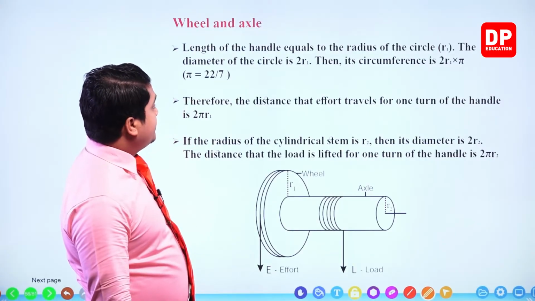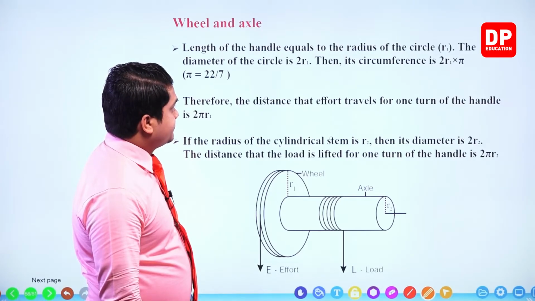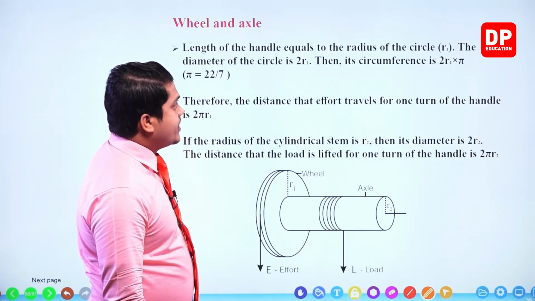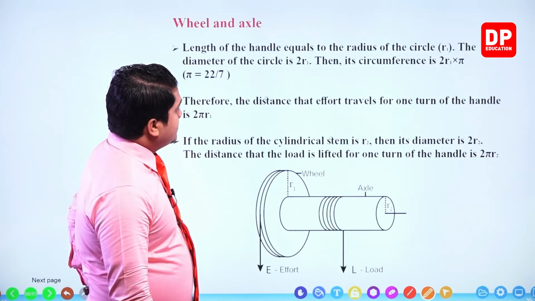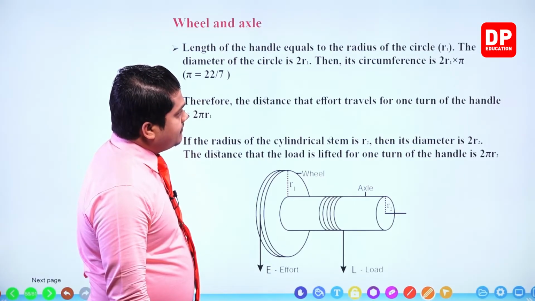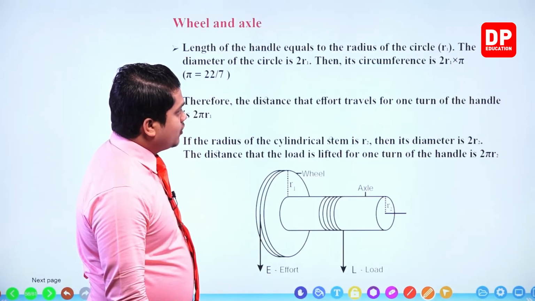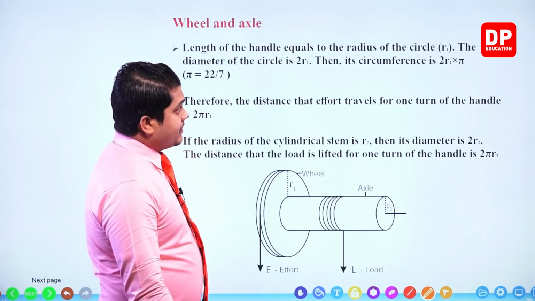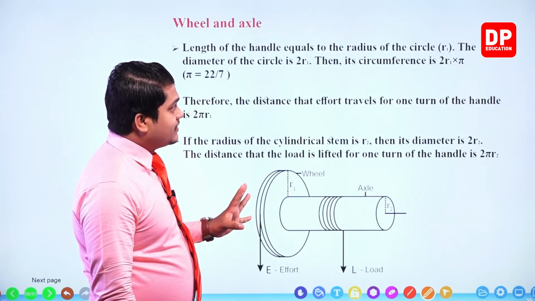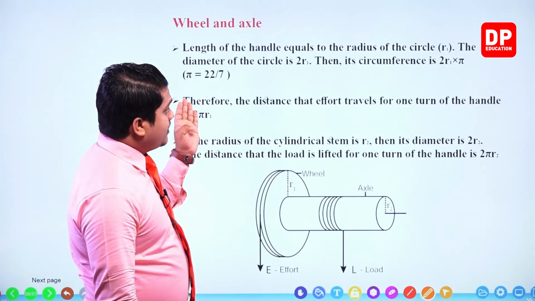Here it is given that the length of the handle equals the radius of the circle, which is given as R1. The diameter of the circle is 2 times R1. Then the circumference is 2 times R1 into pi, that is 2 pi R1.